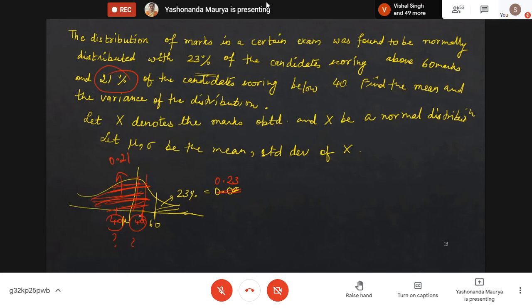So this position is not at all correct. The correct position of 40 goes below this. Otherwise we wouldn't even need to do this.